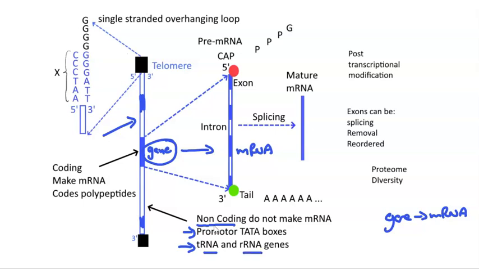So although they're called non-coding, they're actually either a control promoter or they're producing tRNA or rRNA. So they don't do nothing.